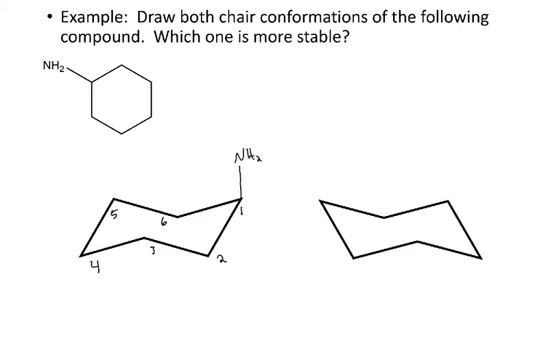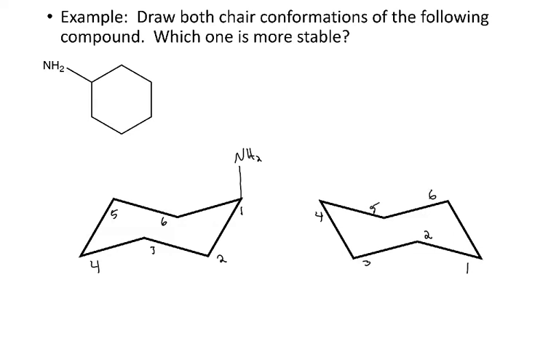All right, in my other conformation, when I go from this chair to this chair, the head in this one becomes the foot in this one, and the foot in this one becomes the head in this one. So when I'm numbering, this is my carbon 1, and then clockwise 2, 3, 4, 5, 6.